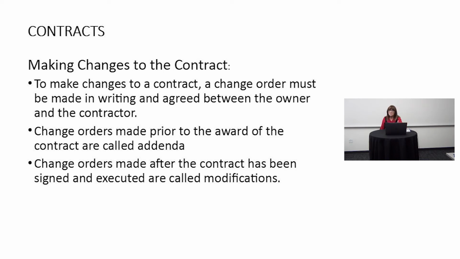Now, there's a type of change order that's made prior to the award of the contract. Okay, you've received the contract, but now you get an addendum, something that adds on. And this is prior to the award of the contract. That change is called an addenda.